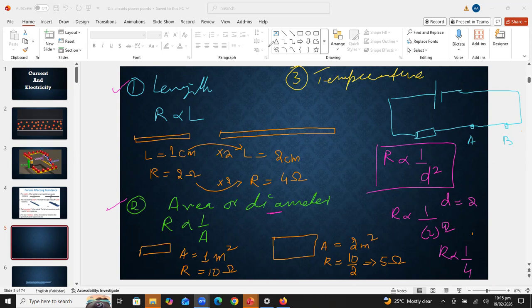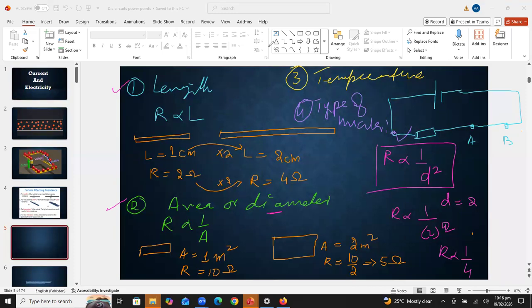Acha, the fourth factor which I want to add here, what is the fourth factor, students? The fourth factor is type of material, like which material we are using to make a conductor or a resistor. Resistors are those conductors whose conductivity is very low.